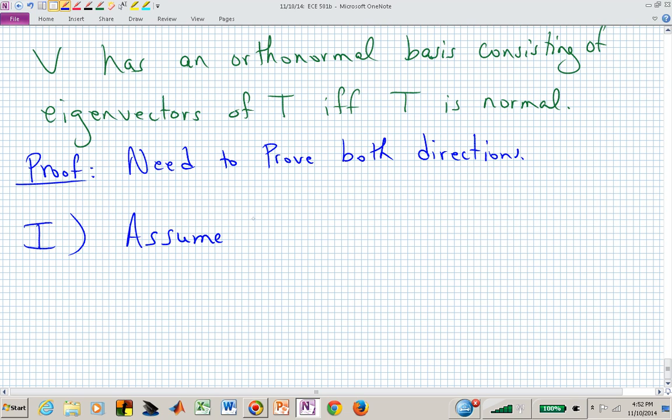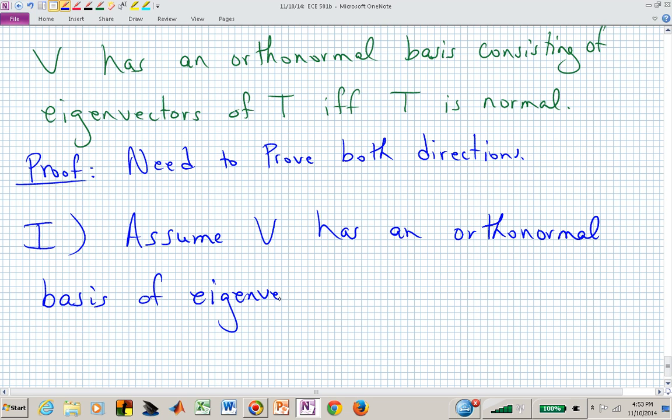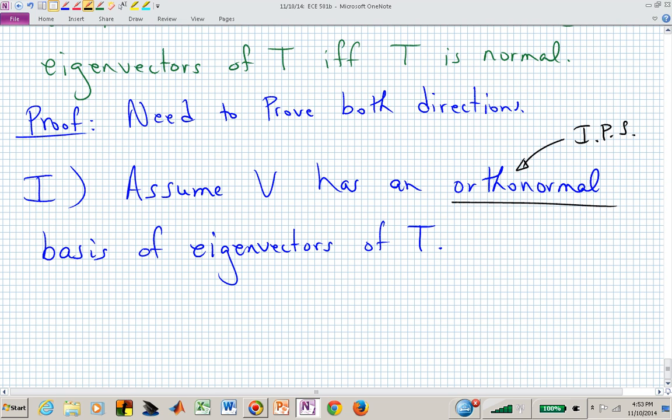So assume V has an orthonormal basis of eigenvectors of T. Orthonormal now means we're dealing with an inner product space, since we can start normalizing these vectors.